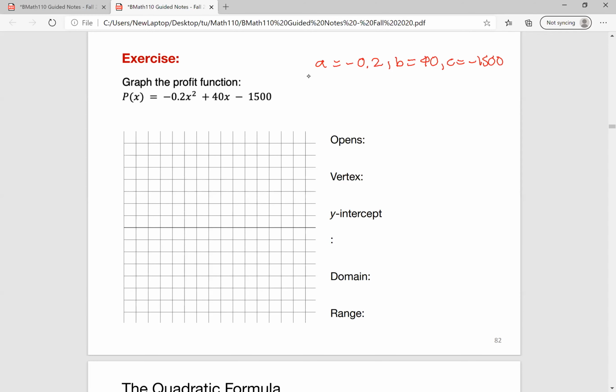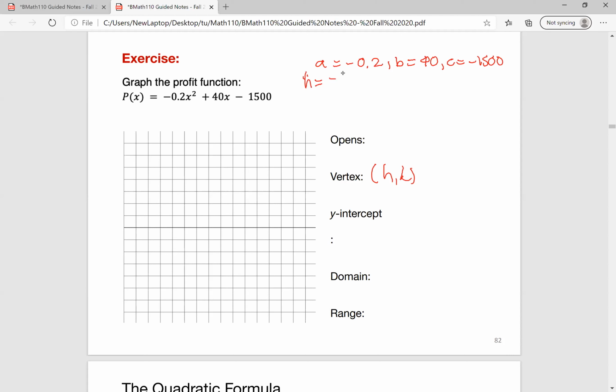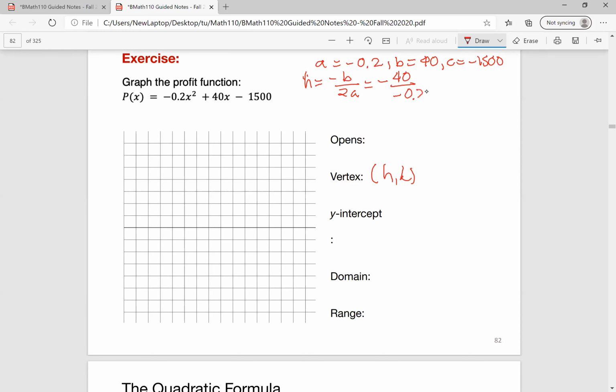And now I will have the vertex, which is H comma K. And what's the H? H equal to negative B over 2A. And that will be equal to negative of 40 over negative of 0.2 times 2.